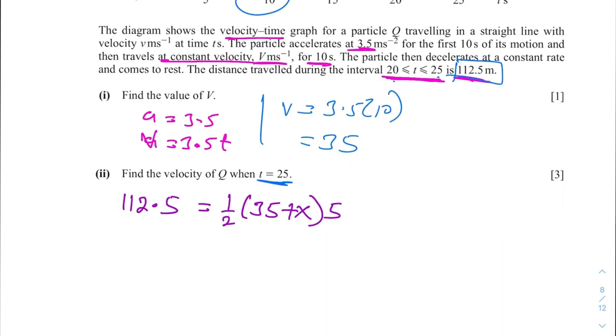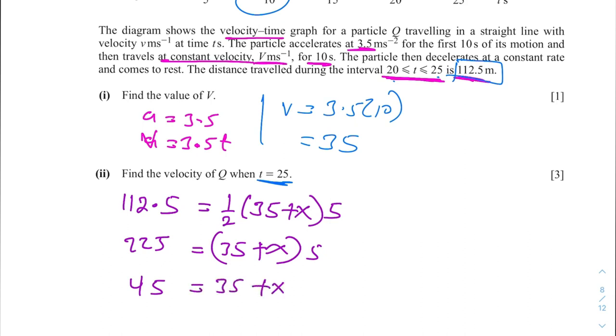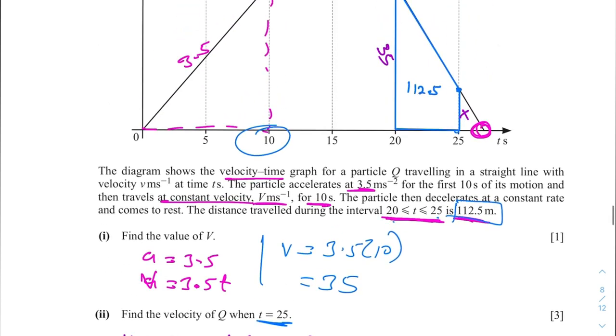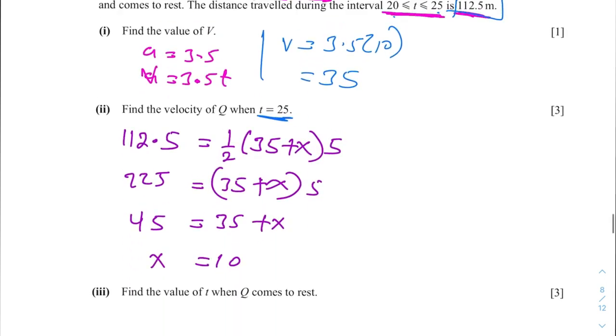So I have 112.5 times 2, that's going to give me 225. 225 is equal to 35 plus x, all times 5. Then I divide by 5. If I divide by 5, I get 45 is equal to 35 plus x. So that means x is equal to 10. So I know that when the particle is at time 25, the velocity is 35 meters per second.